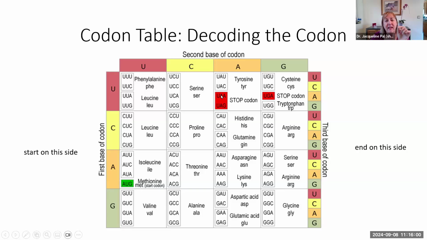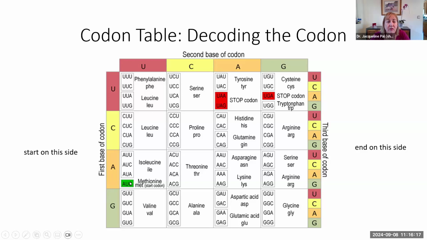Okay. And then here in red, you can see stop codons for these two, and there's the third stop codon. So you can see the 64 different options for codon, and yet there's only 20 amino acids.